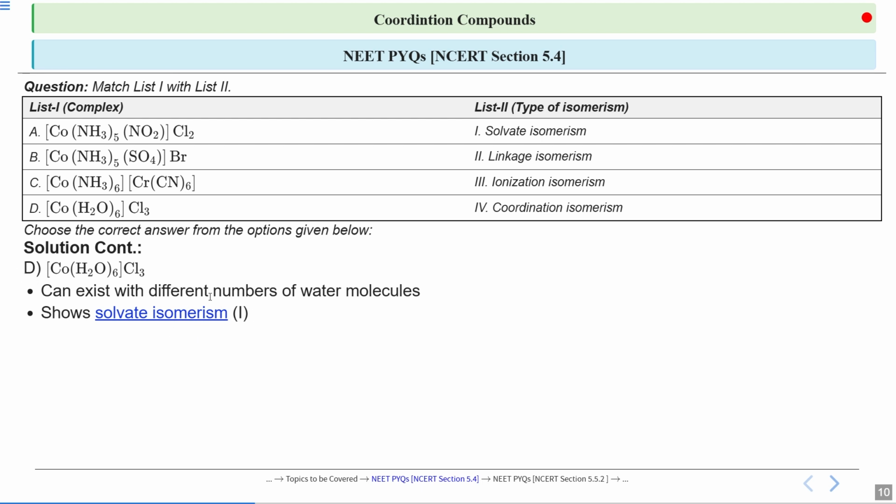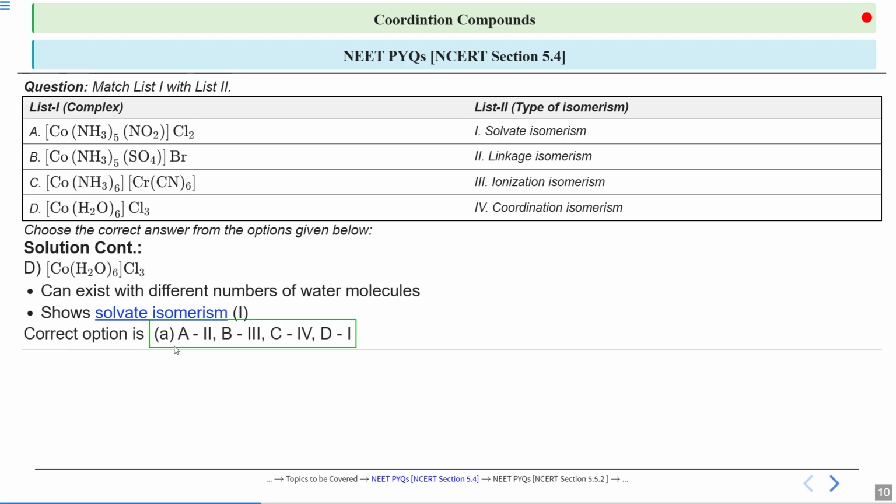So D is matching with the first one, and our correct option will hence be option A. That is, A is matching with second, B with third, C with fourth, and D with the first isomerism given in our list 2. So the correct answer is option A.